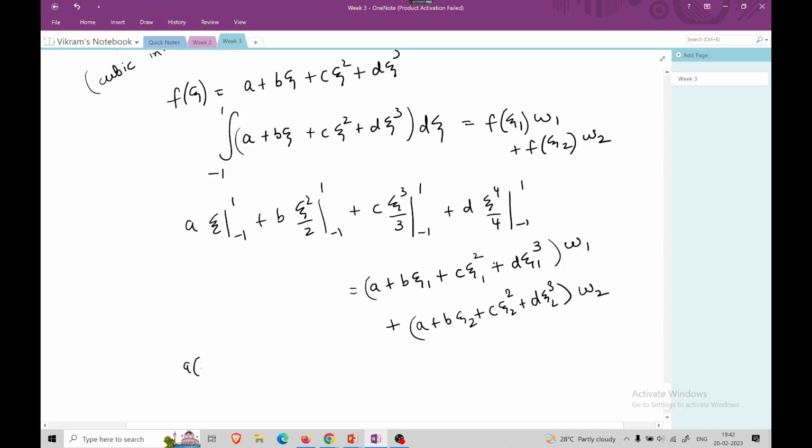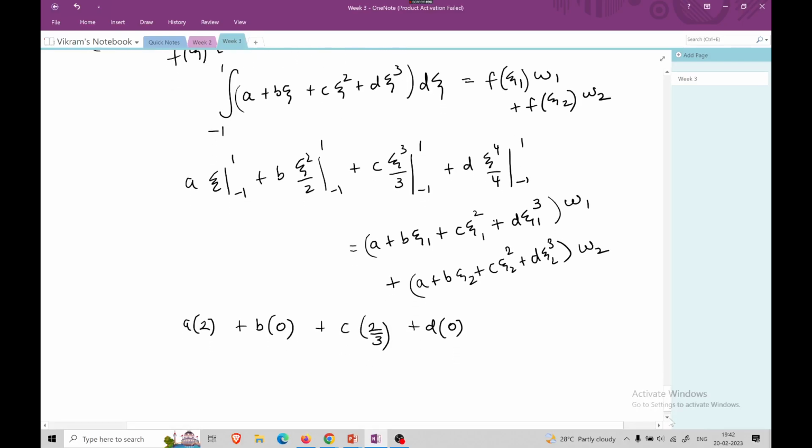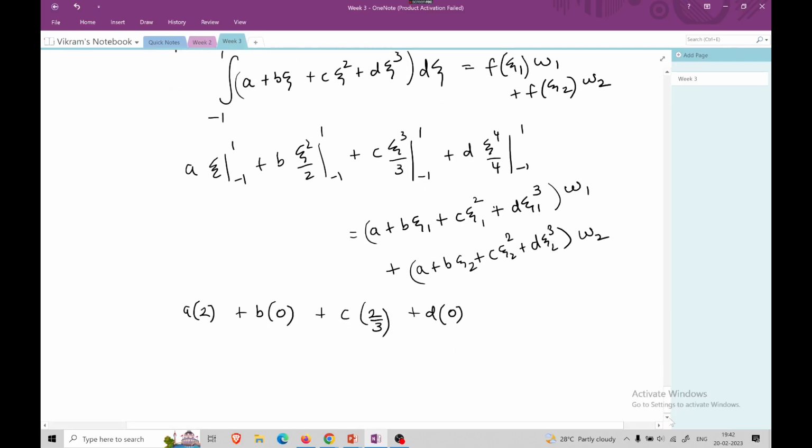So for a the integral coefficient is 2, for b it is 0, for c it is 2 by 3, and for d it is 0. If you plug in the values, for a it is w1 plus w2, and for b you have w1 eta 1 plus w2 eta 2.